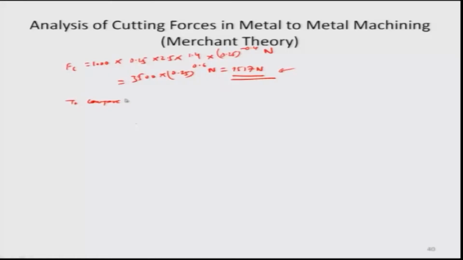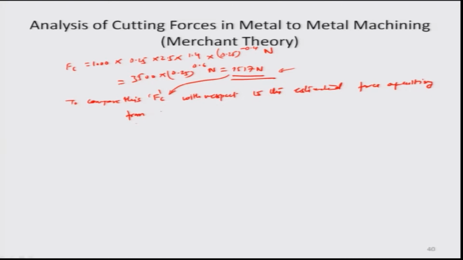To compare this Fc value, which is calculated in the last step, let us say with the estimated force of cutting using one of the criteria which we illustrated earlier.